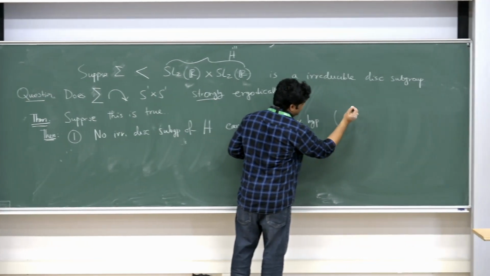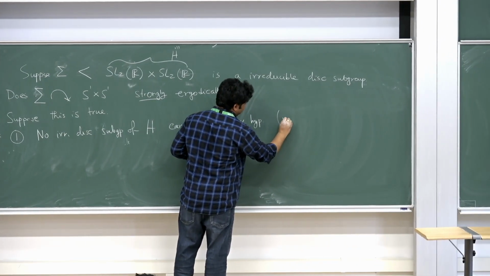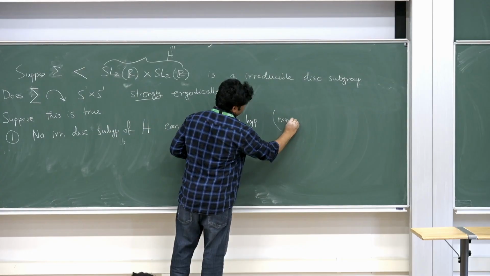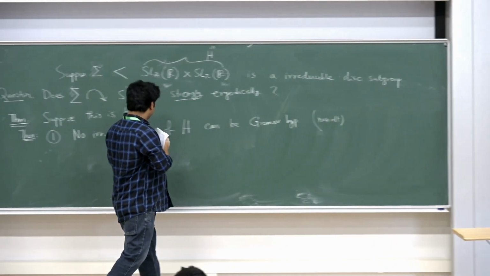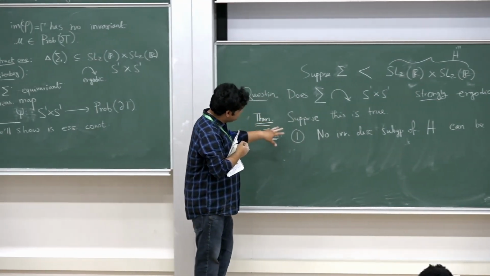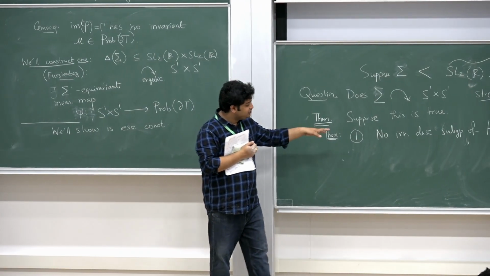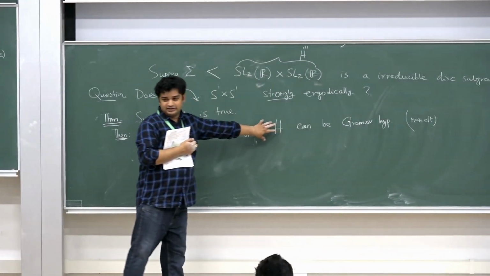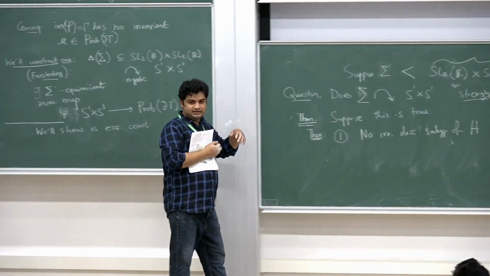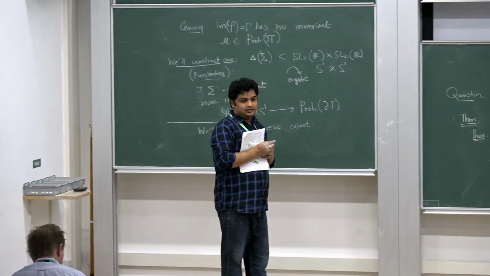I'm excluding virtually cyclic, I mean, non-elementary. So in particular, if you know the answer is positive, then you cannot have a free group which is irreducible and discrete in this group. This is an open problem for a long time.